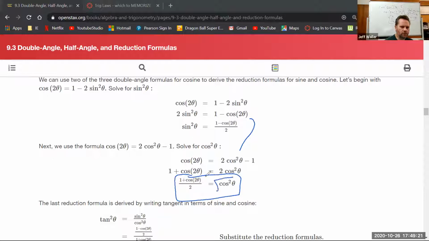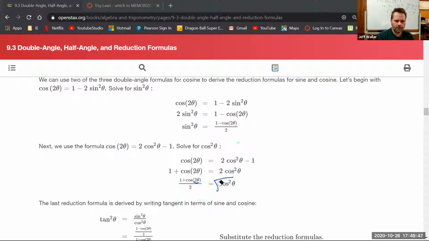If I took a square root of both sides, I would have the half angle formula. It just isn't written as a half angle right now. Does anyone see that? If I made theta alpha over 2 like we did that one night when we got the half angle formula, that's the half angle formula. That's all that is. But do you see why they call it reduction formula? What's the power on the left-hand side?